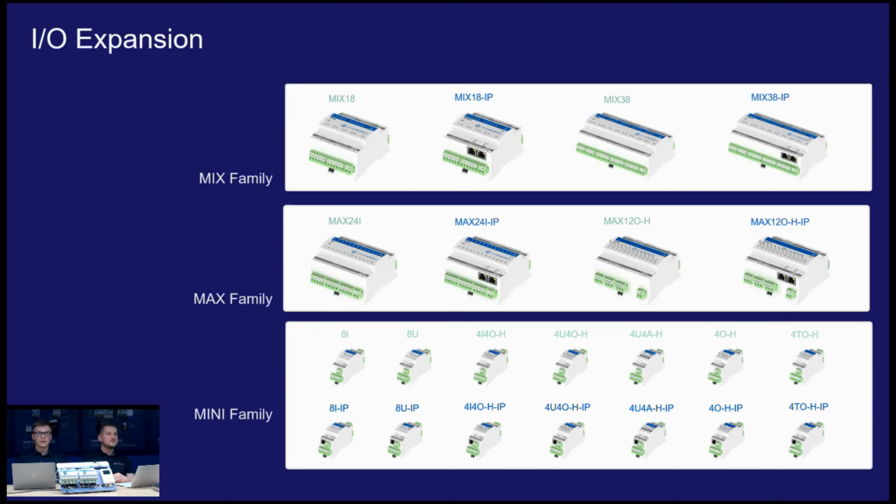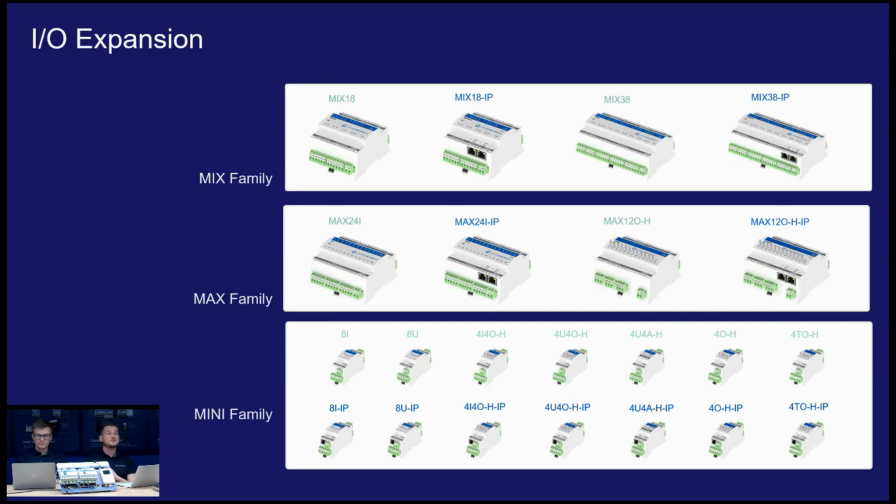Another great feature is that, while having the RS485 port and the IP port, we can easily expand the number of inputs and outputs with our range of I/O modules. We have 3 families. The Mini family, where the input and output range starts from just 4 inputs and outputs, in both RS485 and IP versions.